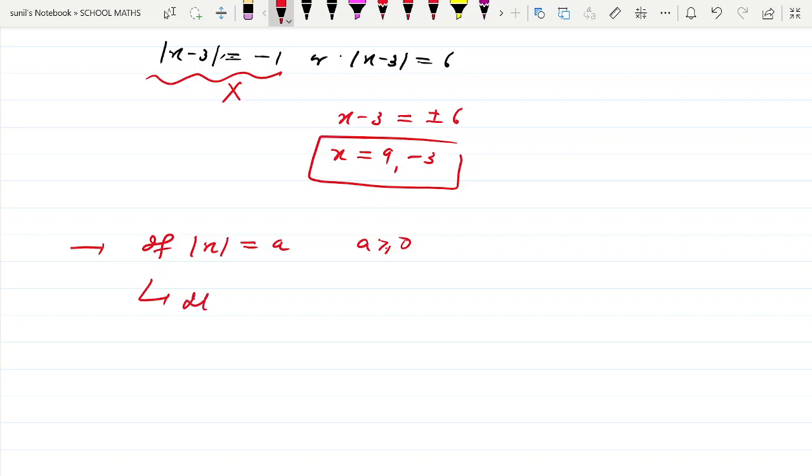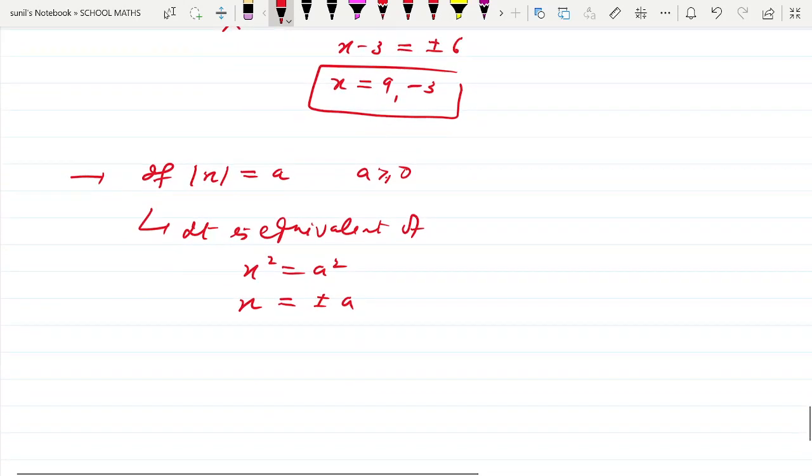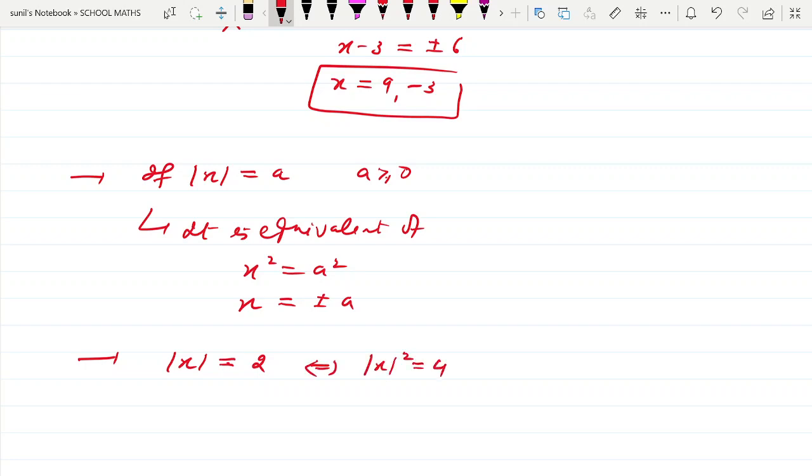It is equivalent to, you do the squaring, x square equals to a square, so you will obtain x equals to plus minus a, of course. Now similarly, if on the right hand side some positive value is there, mod x is equal to 2, it is equivalent to solving mod x square equals to 4, and mod x square I told you is equal to x square equals to 4, so it is same as x equals to plus minus 2.